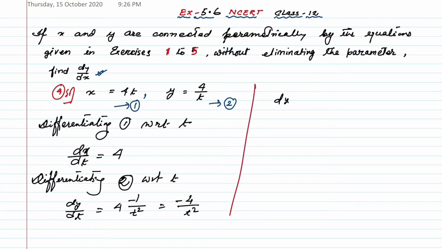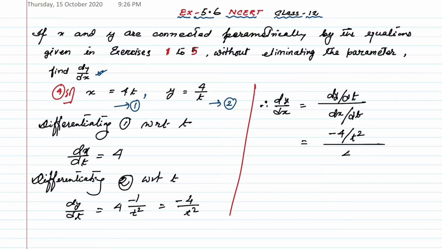Therefore dy by dx is equal to dy by dt by dx by dt. dy by dt is minus 4 by t square and dx by dt is 4, so the 4 cancels, and we get minus 1 by t square.